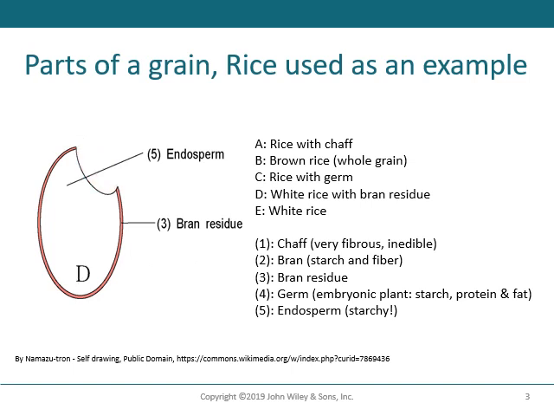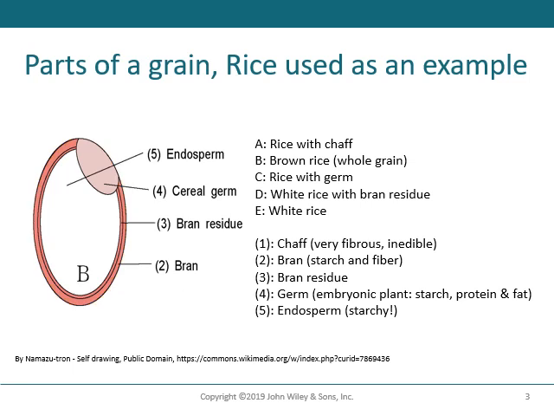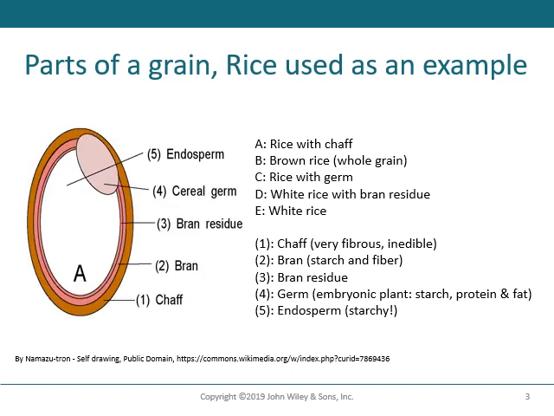Those three things make up that whole grain. And then the C is the rice with the germ. Typically, the process of taking the bran off will also remove that germ. And so what you end up with in A is this. That is just white rice.